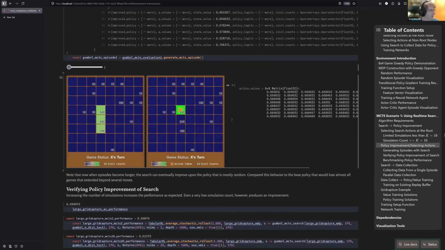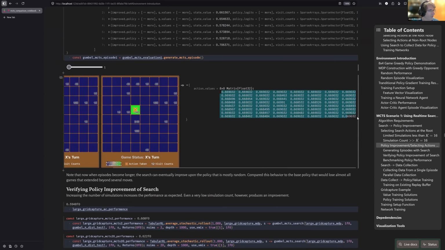And then these are the action values from the tree as well, the completed action values. We can see there are some values here that all share the same value. These are ones that were filled in with the state value function for unvisited states. All the other values that are distinct are ones that actually have a non-zero visit count.